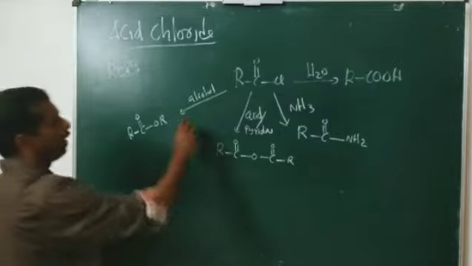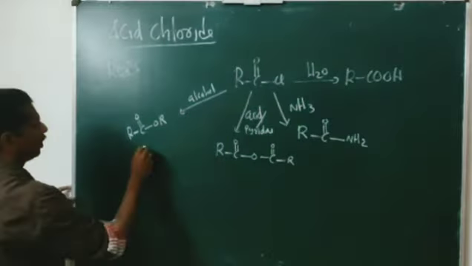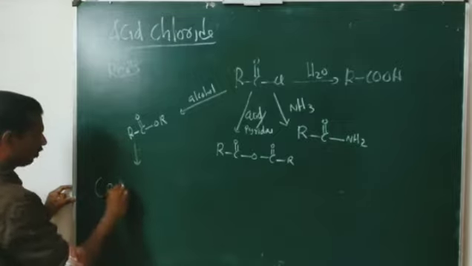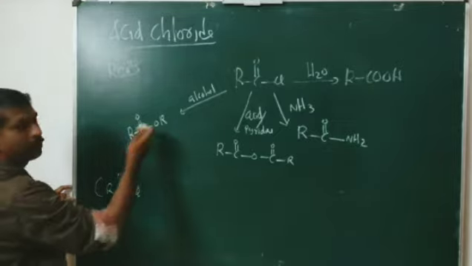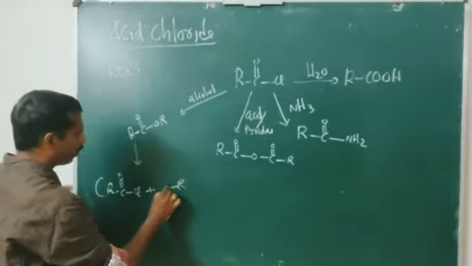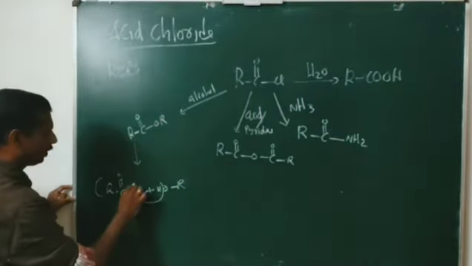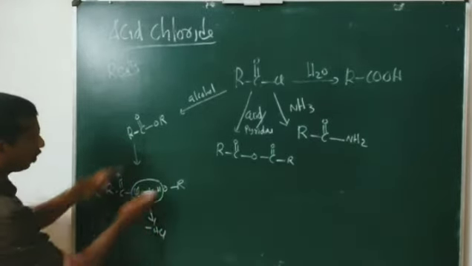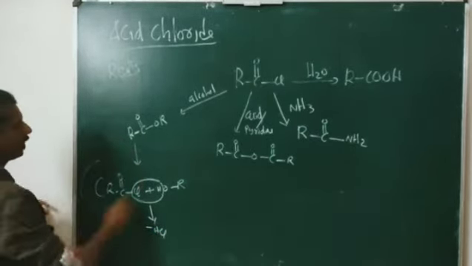Let's look at this example, RCOCl. How are you getting ester? We take RCOCl and treat it with alcohol, ROH. HCl is eliminated, minus HCl, and you get RCOOR, ester.